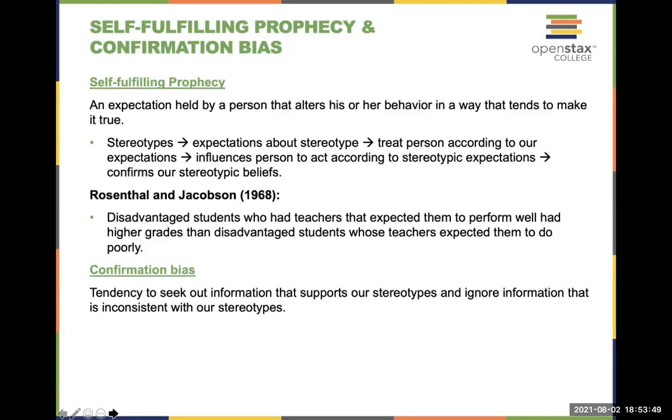Confirmation bias is an issue that can prevent a person from breaking out of that belief system. So if you're surrounded by people that are telling you the same thing that you're believing, I'll give you an example.